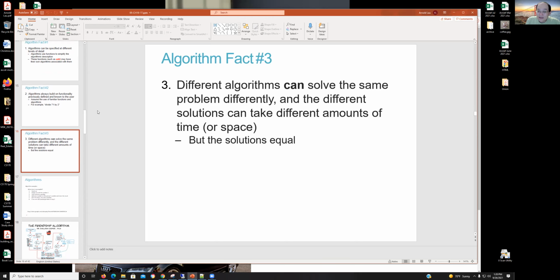And this goes back to what I was saying before, right? Your algorithms can solve the same problem differently. And they add this part about the solutions taking different amounts of time to do the calculation, or space, like memory. But the output should be equal.